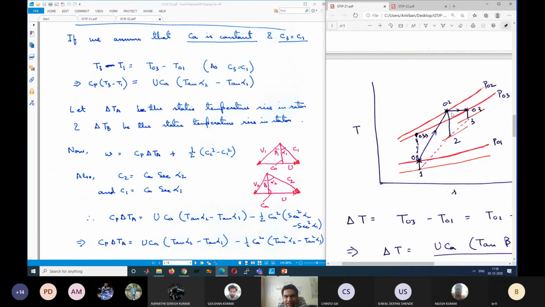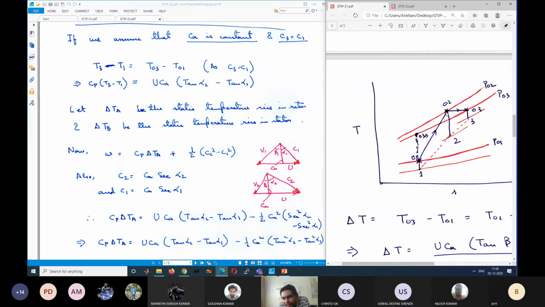T02 minus T01 is equal to W, and T02 is nothing but T03. So T03 minus T01 equals W, and it can be written in two parts. One part is the change in static temperature, which is Cp into delta TA, and then the change in kinetic energy, which is half C2 square minus C1 square.